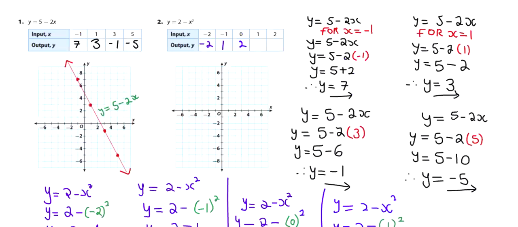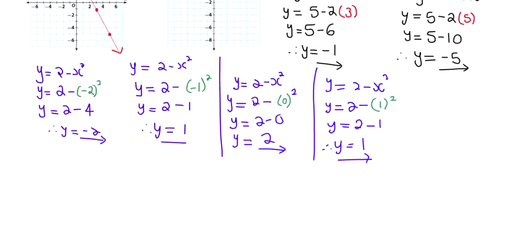And then we are left with solving where x equals 2. So do the very same process. y equals 2 minus x squared. So y equals 2 minus, and substituting the value of x to be 2, then you square it.